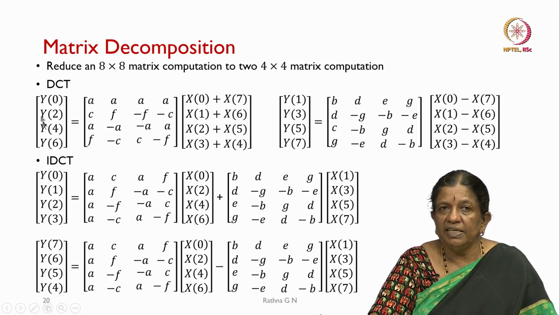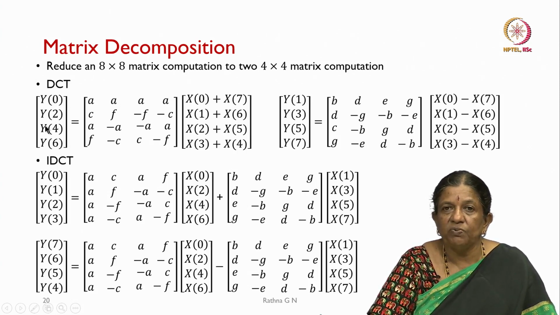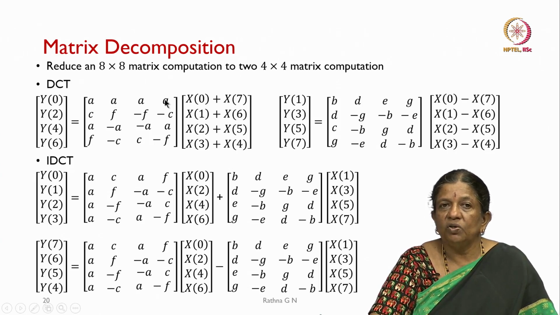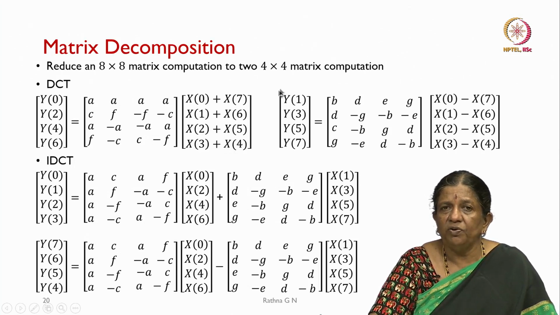So, this is our DCT even coefficients that we are going to combine with the coefficients ACF. Okay. So, that is for the even, and you will be adding x0 plus x7, x1 plus x6, x2 plus x5 and then x3 plus x4, and these are the odd coefficients at the bottom.